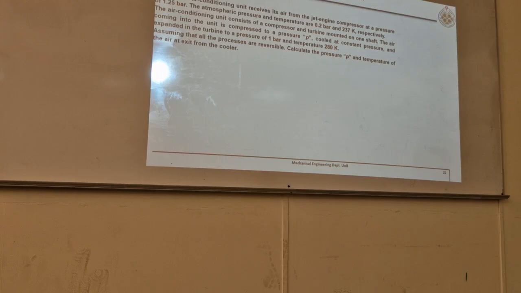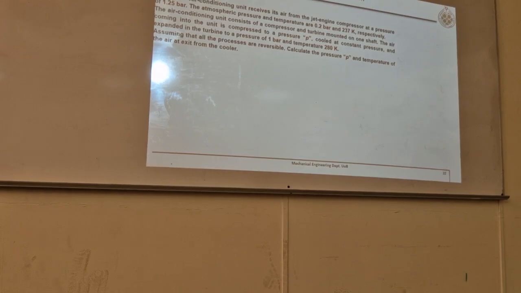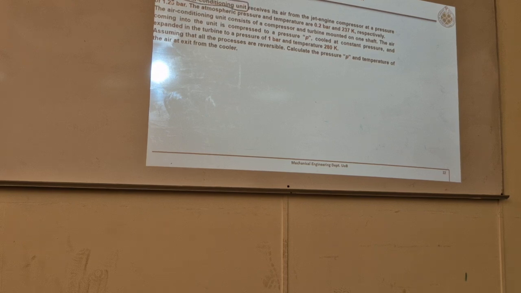So when you read the statement, draw accordingly, then solve it. If you make a mistake in the drawing, everything will be wrong. So let's see what is happening. An aircraft air conditioning unit receives its air from the jet engine compressor.